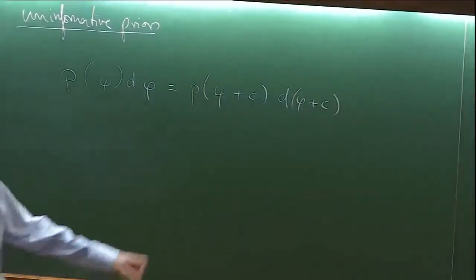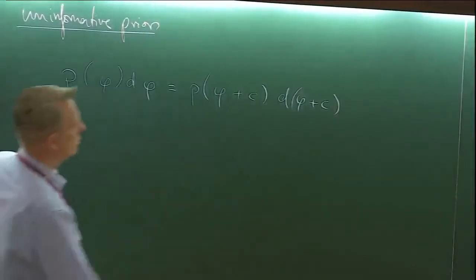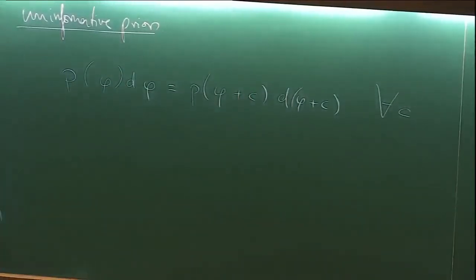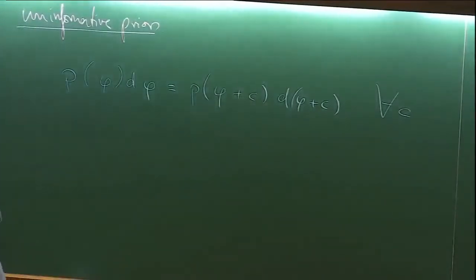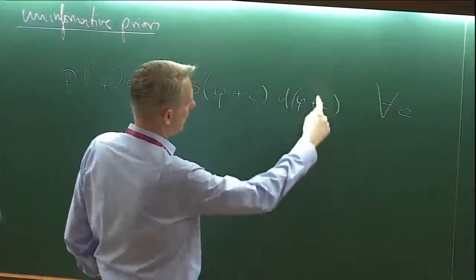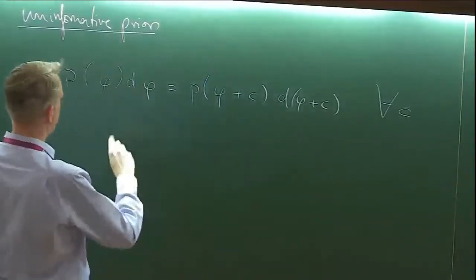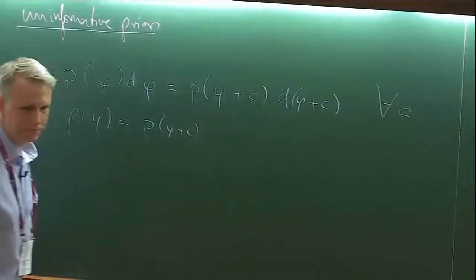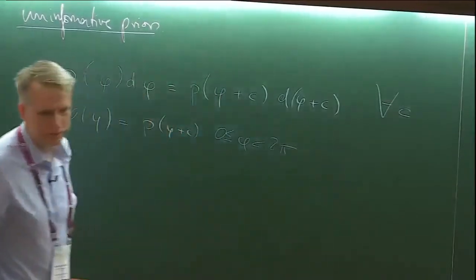U(1) acts by adding an offset c, for all members of the group c, for all rotations. I could have written a rotation of a unit vector, but that just shifts the angle by some amount. So d(phi + c) is just a constant transformation at every point, and I get p(phi) equal to p(phi + c), where phi is in this range.